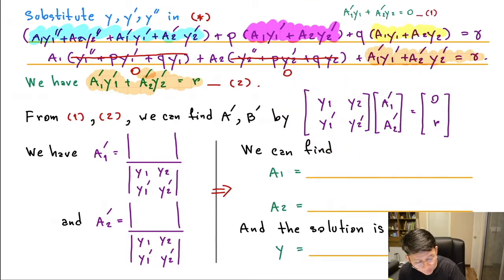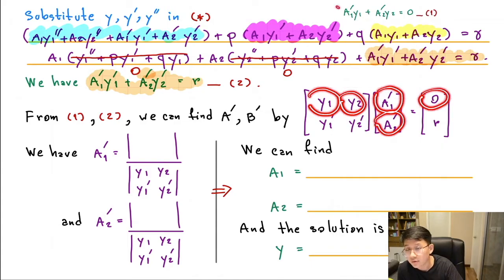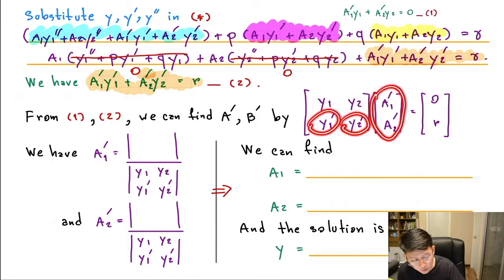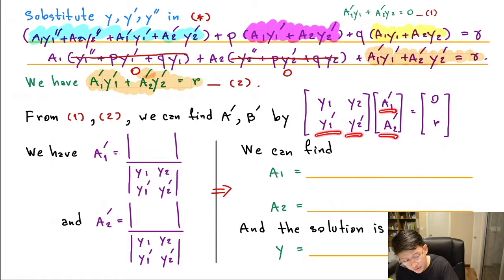Because y1 a1 prime plus y2 a2 prime equals 0, which is this equation. You multiply the matrix, multiply this row by this column, and you get y1 prime a1 prime plus y2 prime a2 prime equals r, which is this equation.